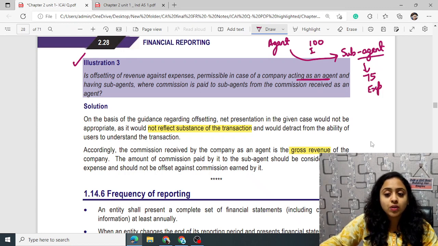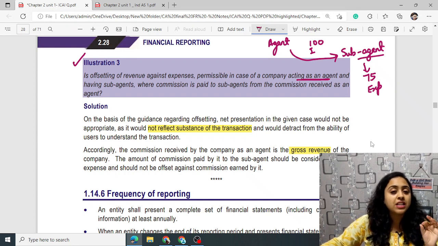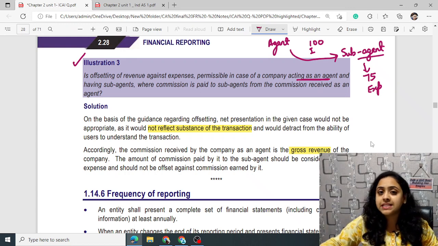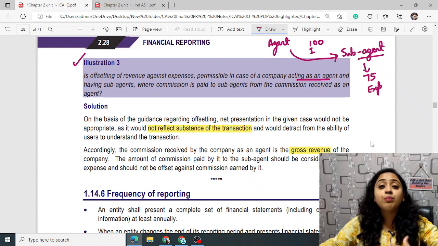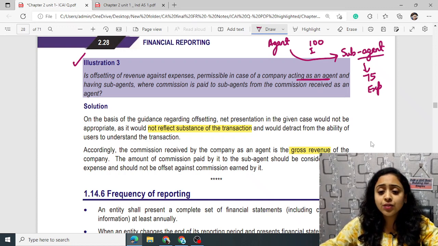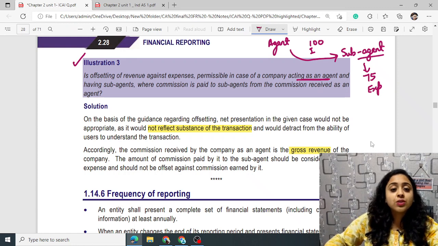The question is whether you should net them out and show 25 rupees as your income, or whether you should show the whole 100 rupees as your income and show 75 separately as your expense. The net effect will be the same, but it is all about presentation and giving the right picture.